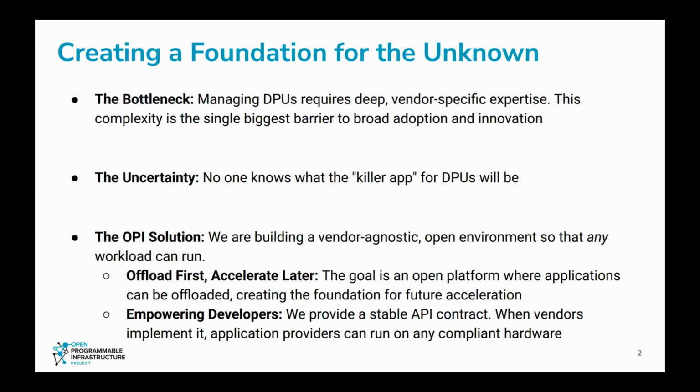That's by design because we've seen this in the past. If you mingle those two goals and you try to do offload and acceleration at the same time, you will not get very far because it's just too much. So again, building that offload first as a foundation and then focusing on acceleration next. Once we have all this set up, we can bring in the developers and say, okay, these are the APIs.